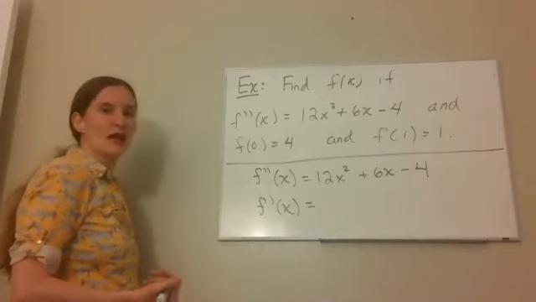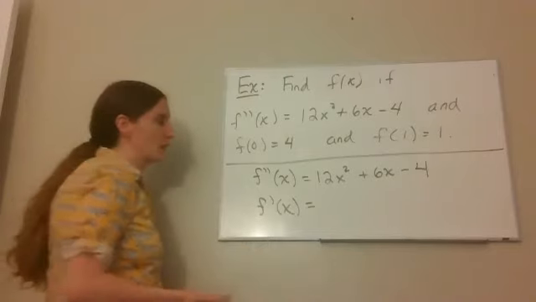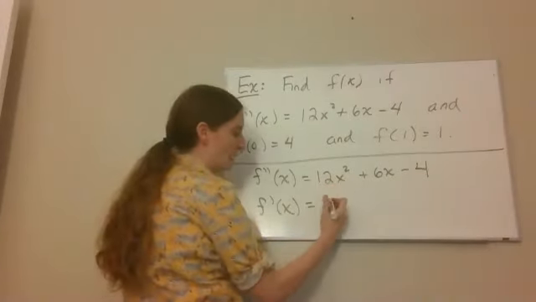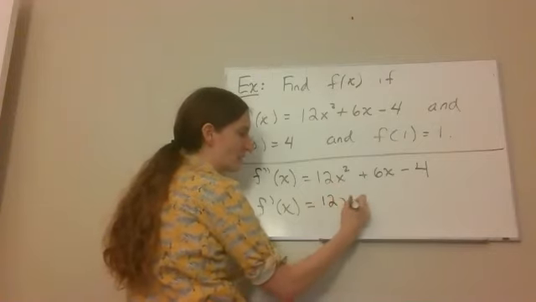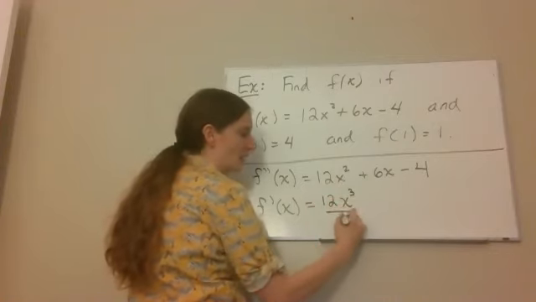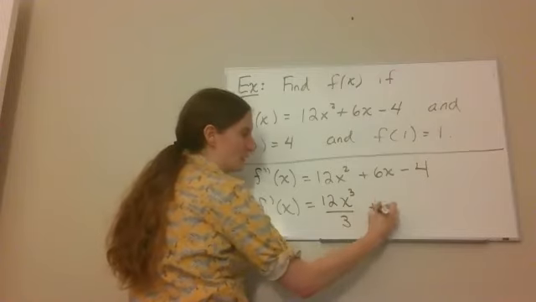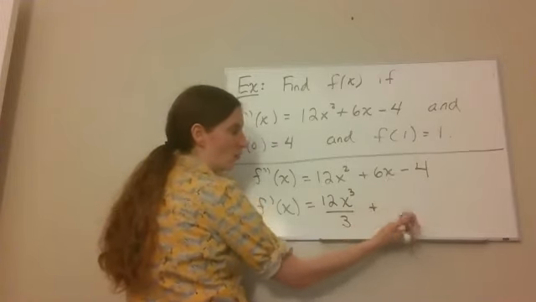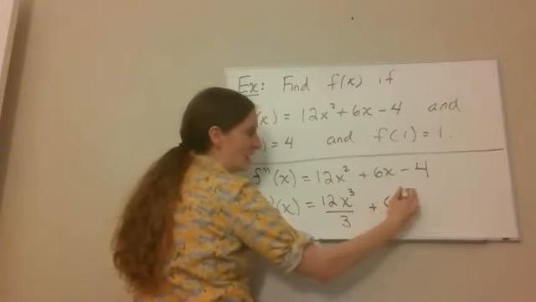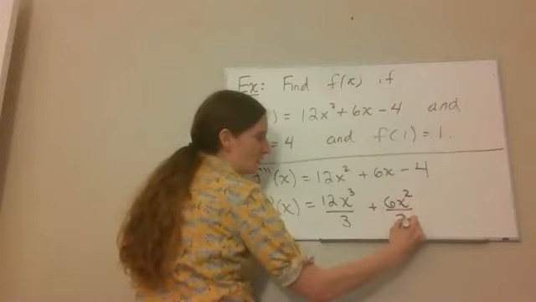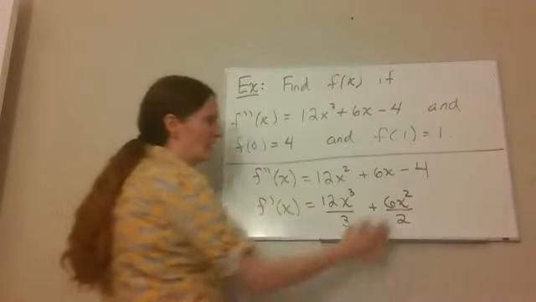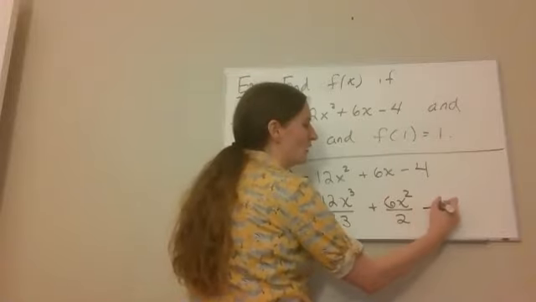And we get to do a lot of our backwards power rule on this one. I'm going to add 1 to my exponent and divide by my new exponent. This guy has an exponent of 1, so I'm going to add 1 to that exponent, divide by the new exponent. And now what about this minus 4?